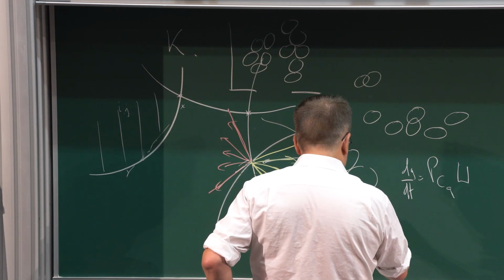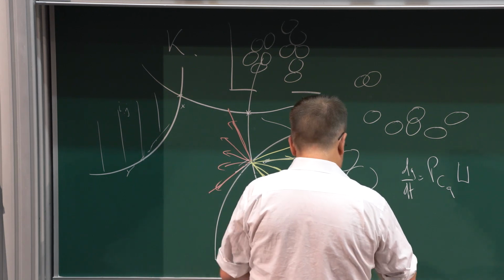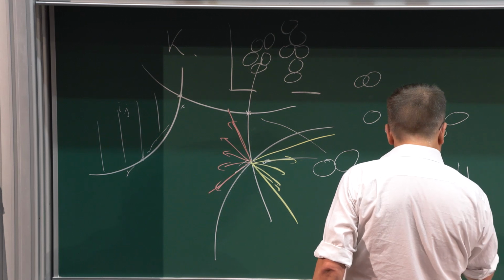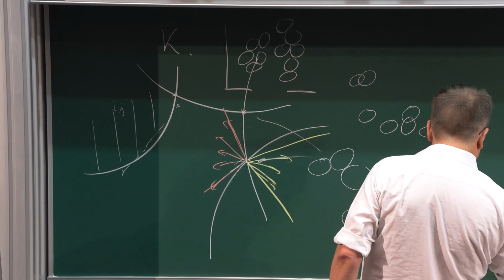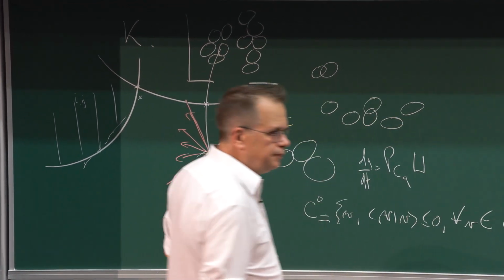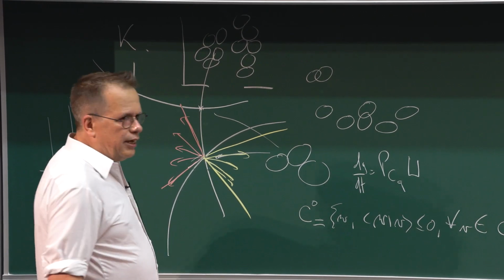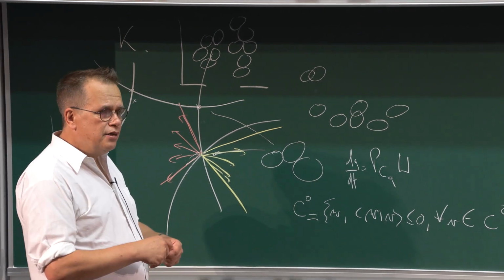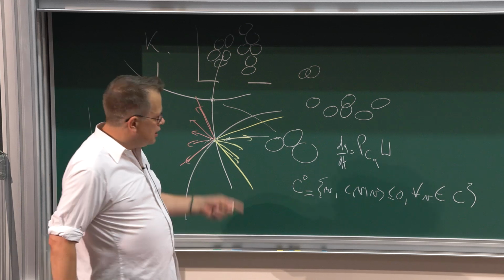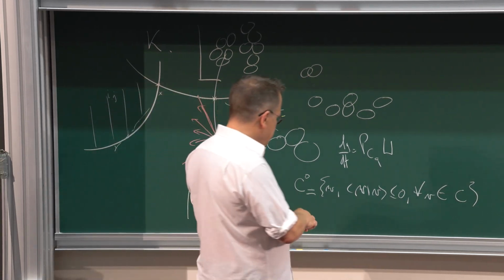When you have a cone C, the polar C naught is the set of w such that w dot v is less than or equal to 0 for all v in C. Okay, so it's some kind of generalization of the orthogonal. When you have a linear space and you take the orthogonal, here it's the unilateral version of that.